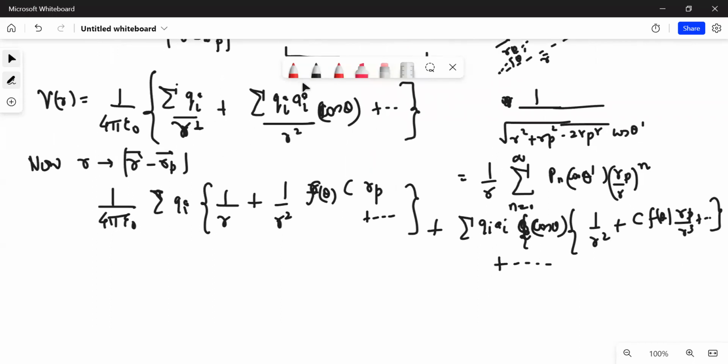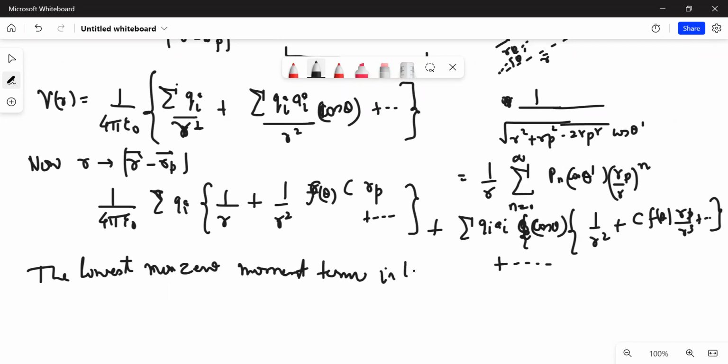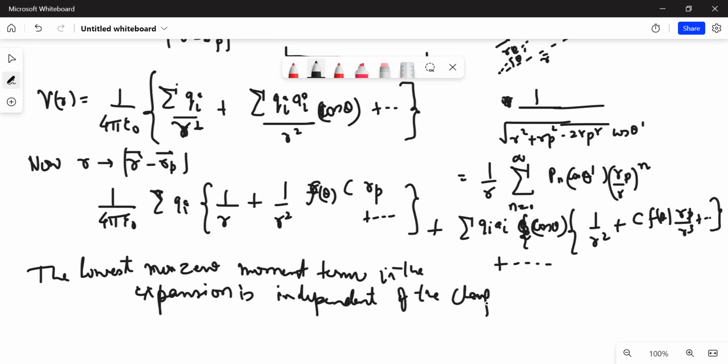Yes, sir. Okay. हाँ. Now you can see that the lowest non-zero moment term in the expansion is independent of the change of the origin, because origin changed to r_p vectors.